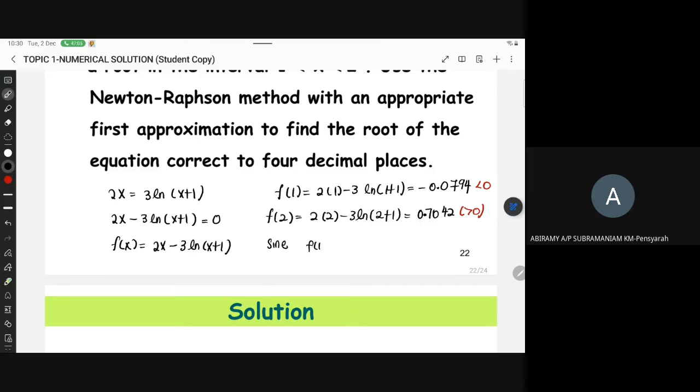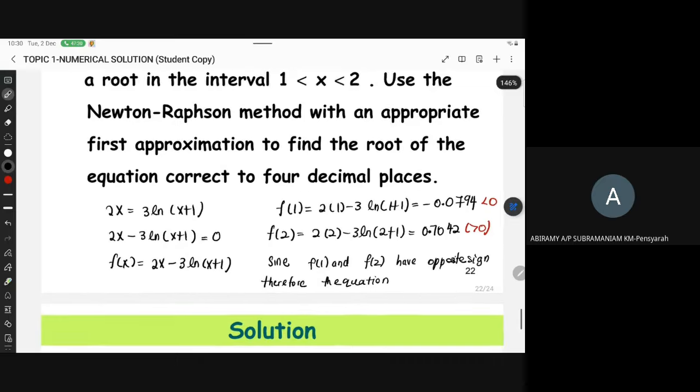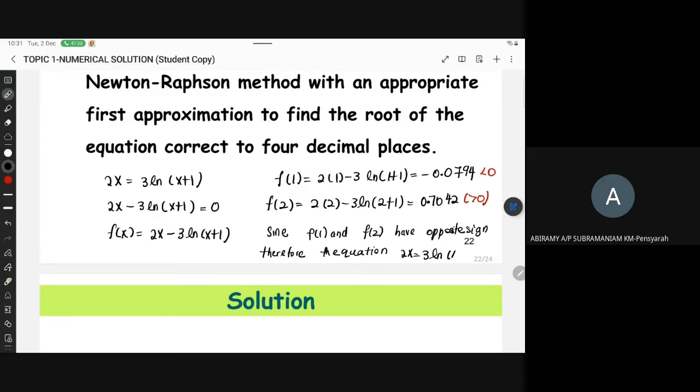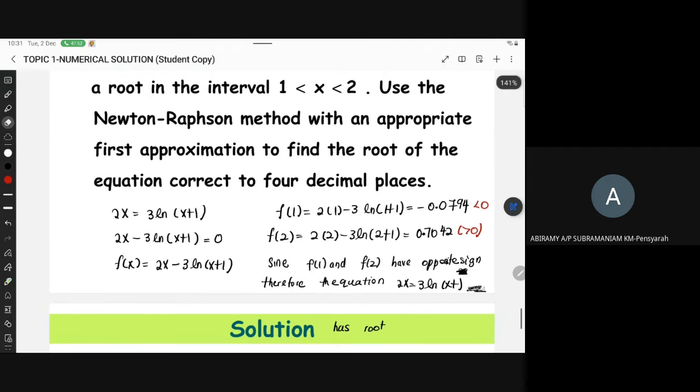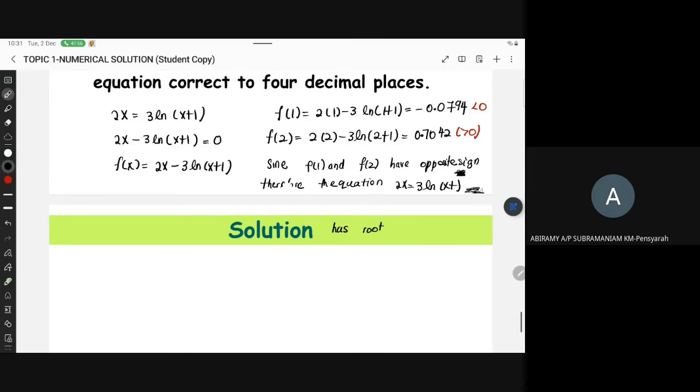Since f(1) and f(2) have opposite sign, therefore the equation 2x equals 3 ln x plus 1 has a root in the interval 1 until 2. So that's how you show that there is a root.